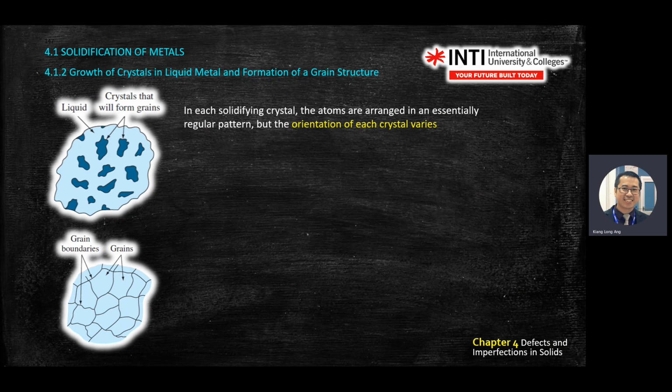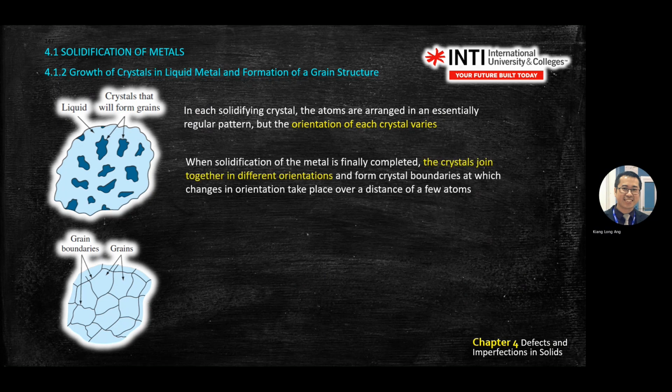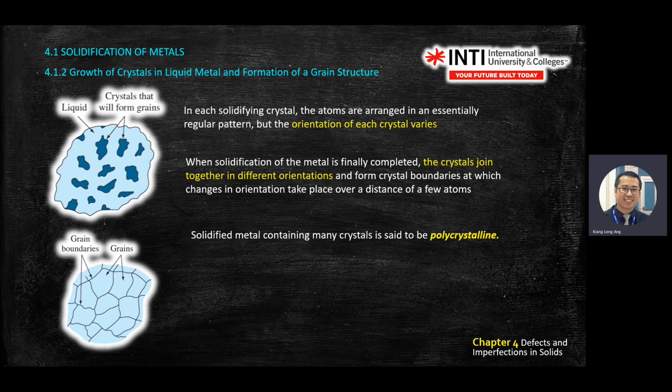Okay, so this is about orientation. The orientation of the crystals varies, which means it changes. The crystalline structure is repeated, but you have a polycrystalline material, meaning you have lots of solidified metal crystals.